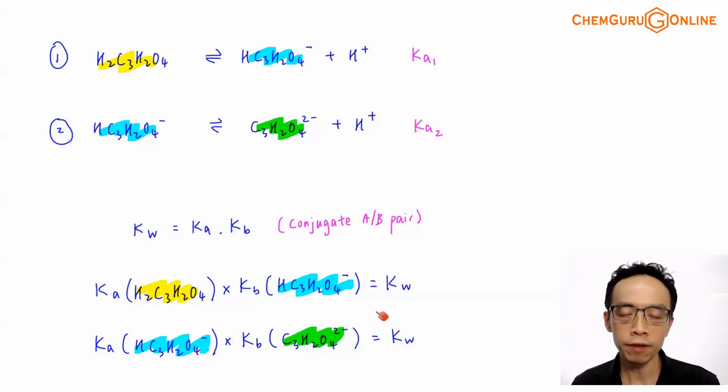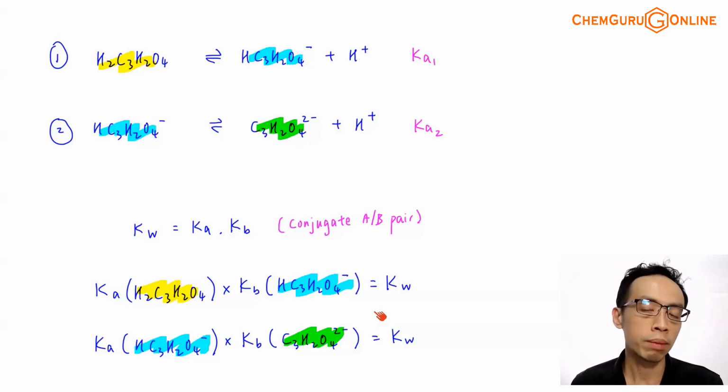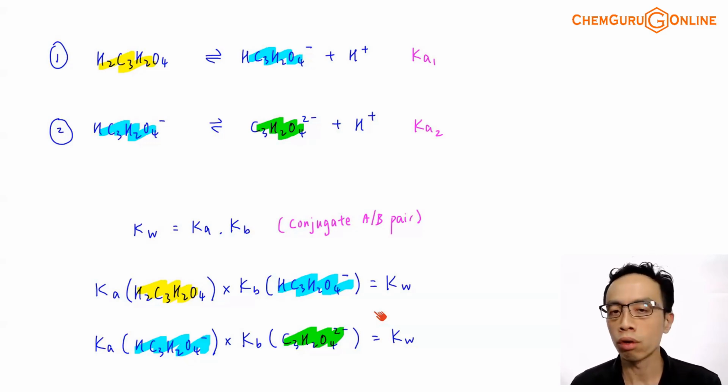These two expressions are valid, and again, keep in mind that Kw equals Ka times Kb is only applicable to a conjugate acid-base pair. So you cannot use the Ka of any acid and multiply by the Kb of any base and say that it is equal to Kw. The idea is not valid.